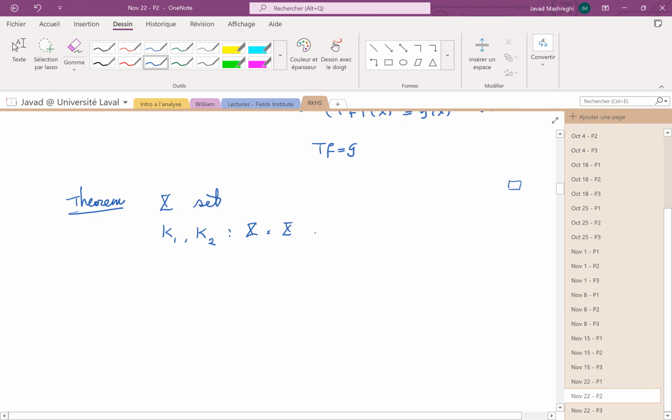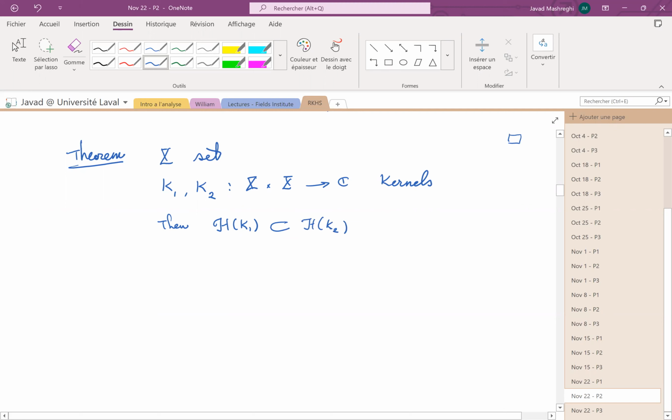Then H of K1 is a subset of H of K2 if and only if there exists a constant C such that the relation between kernels K1 is less than or equal to C squared K2.